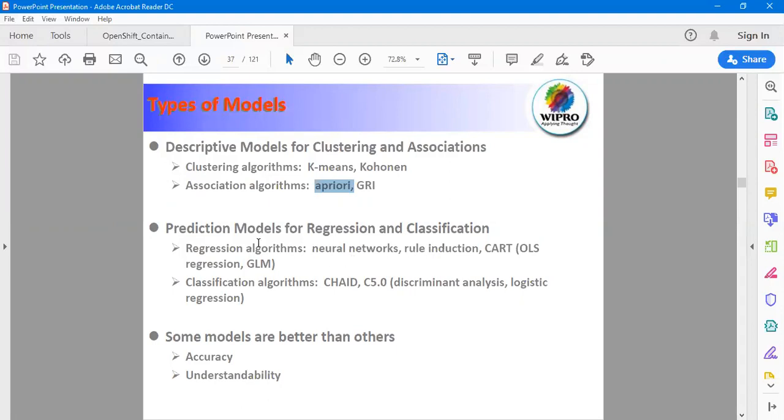As far as the prediction model is concerned, the techniques are regression and classification. For regression, the algorithms are neural networks, rule induction, CART, etc. Then you have classification algorithms such as CHAID, C5.0, discriminant analysis, logistic regression, etc. Even for regression, you have the OLS regression technique and others.